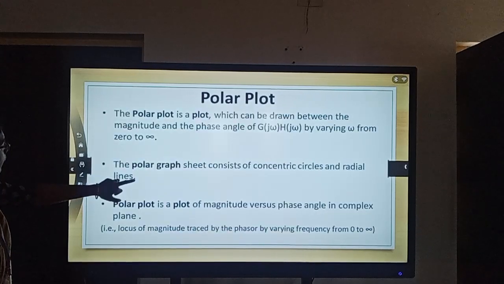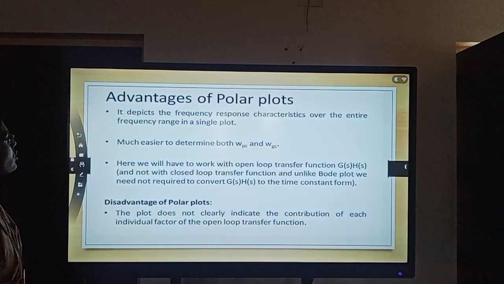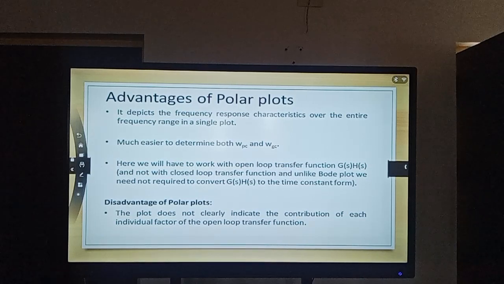Advantages of the polar plot. What is the main reason for this? With the depiction of the frequency response characteristics, we plot it in a single plot, with respect to the magnitude as well as the phase angle. We will determine omega PC, which is the phase crossover frequency, as well as the gain crossover frequency.